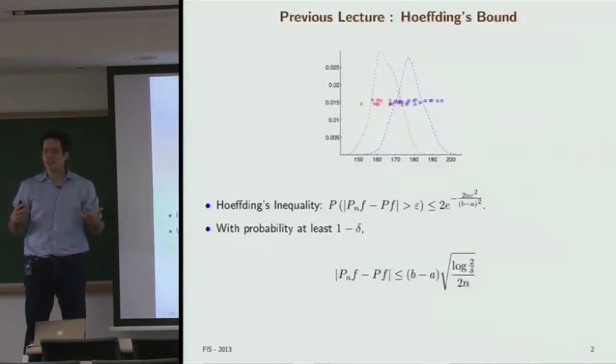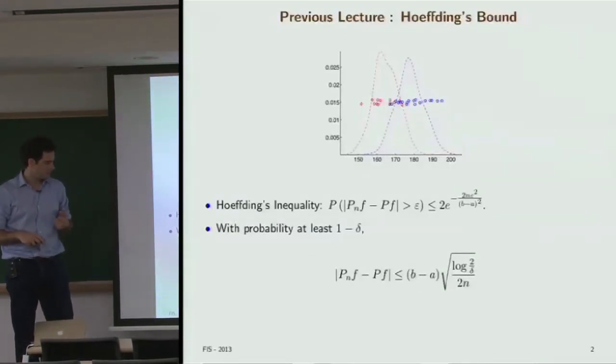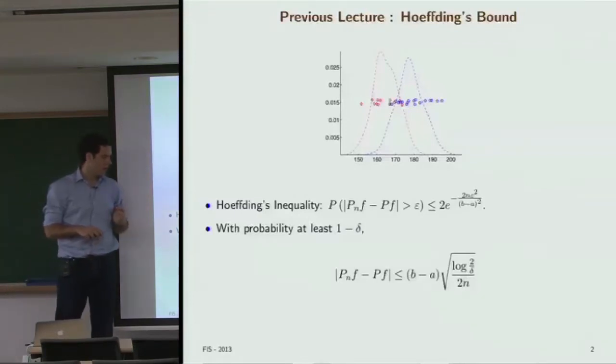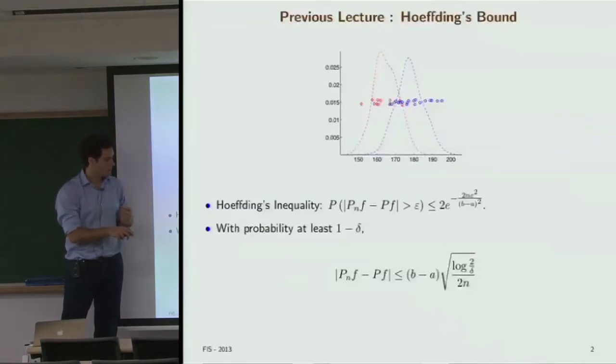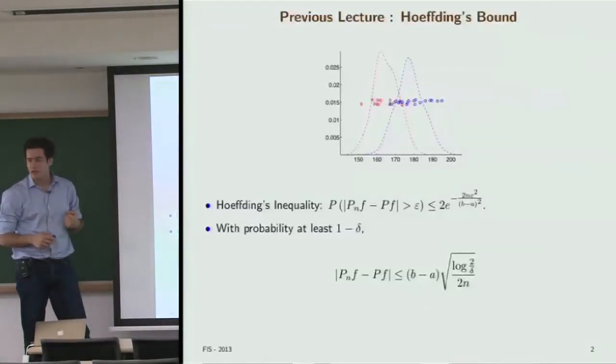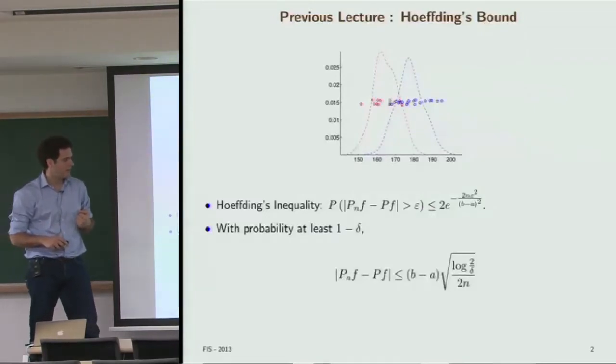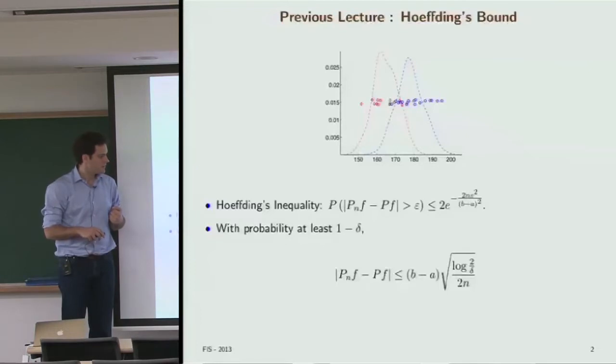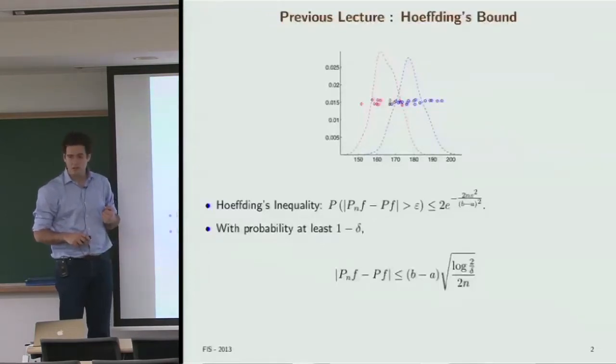Given the randomness of that sample of size n, the probability that the difference between the empirical average and the true average is bigger than epsilon decreases in this way. Here I should have removed A and B, because A and B are just bounds on the values taken by f. So basically this decreases very fast, especially in terms of n, the number of samples that you get.